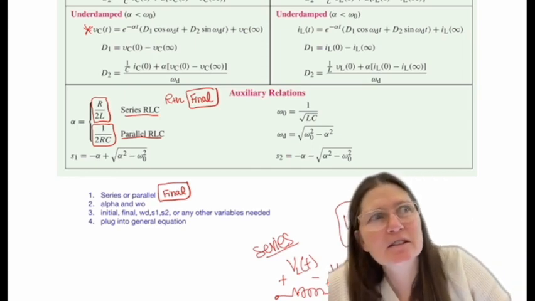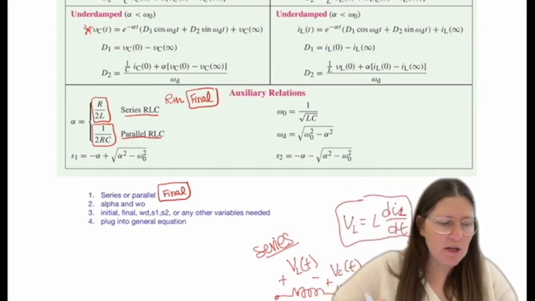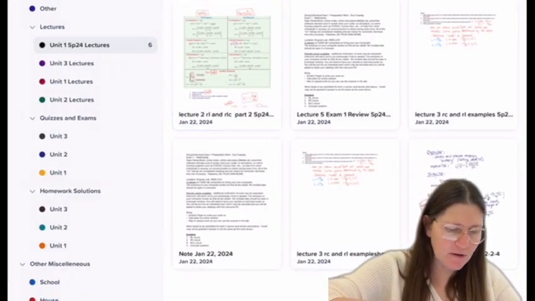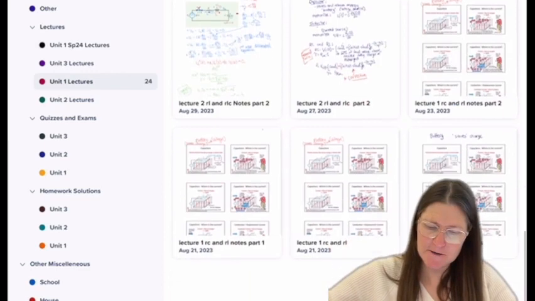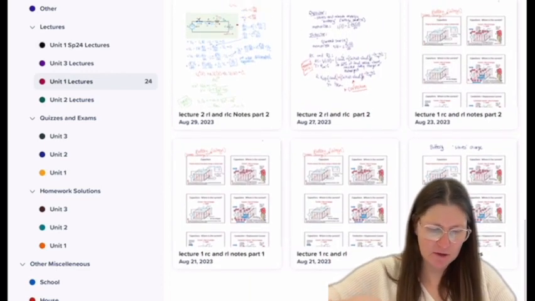Yes? Can we get a reminder on what S1 and S2 are? So those are the characteristic roots of the, let me go back to, remember where they were, here.